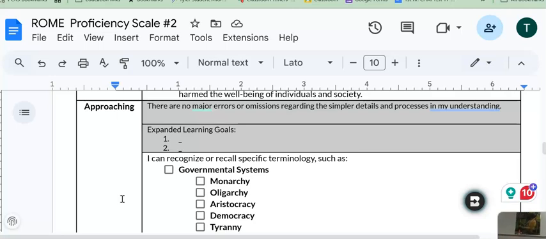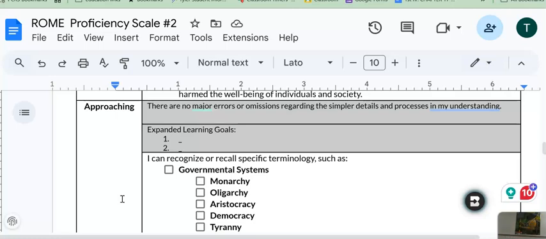Okay? First thing you will notice about the proficiency scale, there is a ton of vocabulary for this. Because of that, we as the teachers decided, if you look at your proficiency scale, you will see that the vocabulary is actually broken up into three groups. There's one chunk of vocab words called government systems.